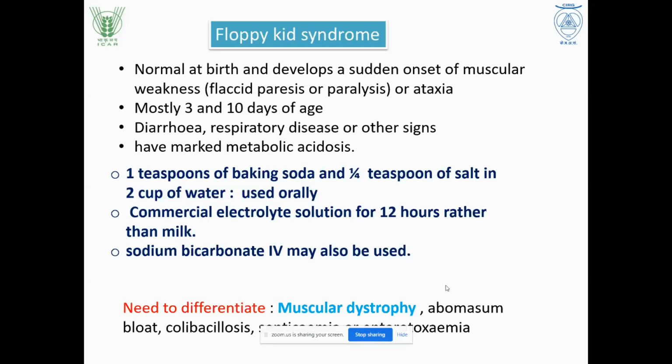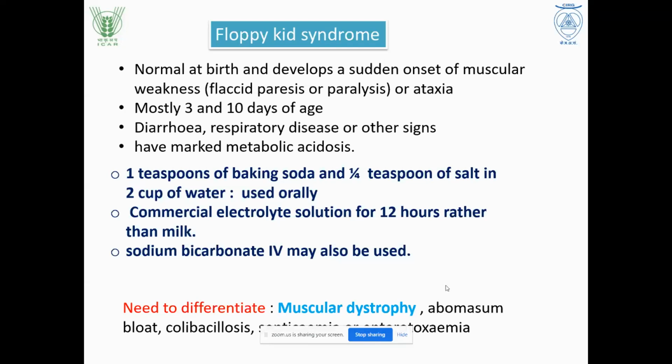The commercially available electrolytes can also be given along with the milk, and sodium bicarbonate intravenous may also be used. So ultimately you are combating the metabolic acidosis, and the animal immediately responds.